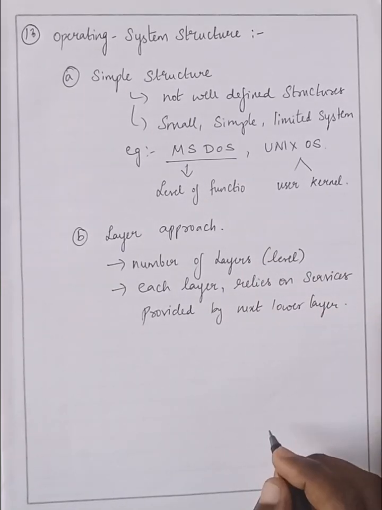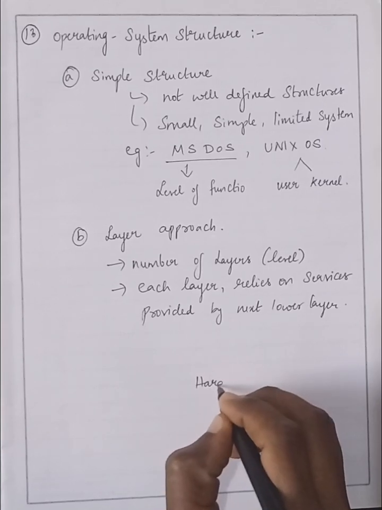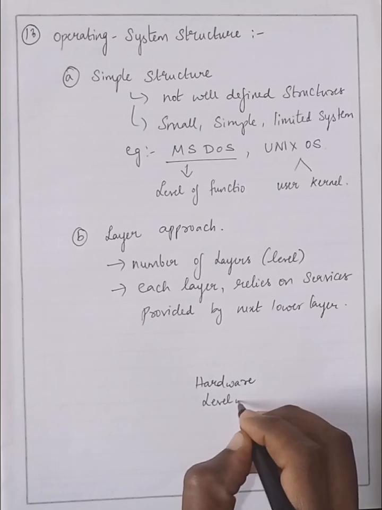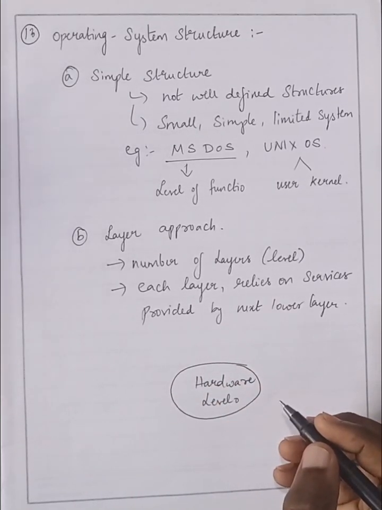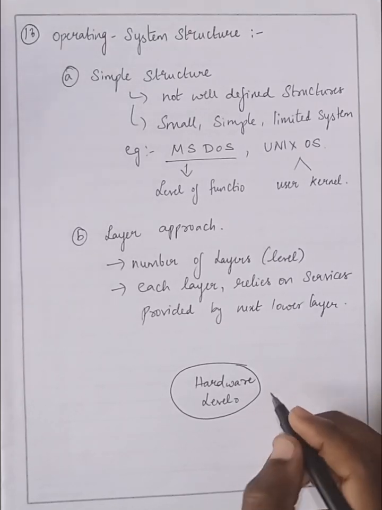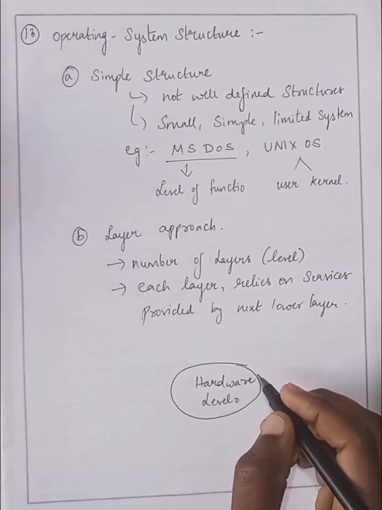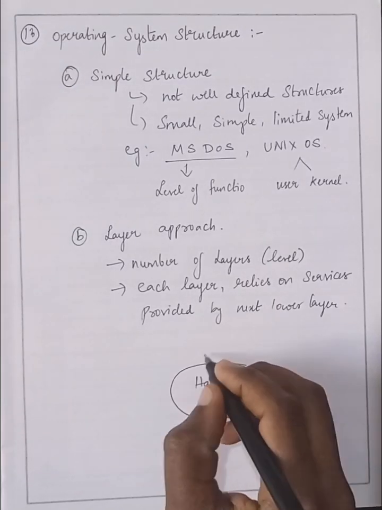For this, you can draw one small diagram for understanding purposes. This will be our hardware, and the hardware will be at level 0. On top of that, we have different layers, and on top of that again a layer one.